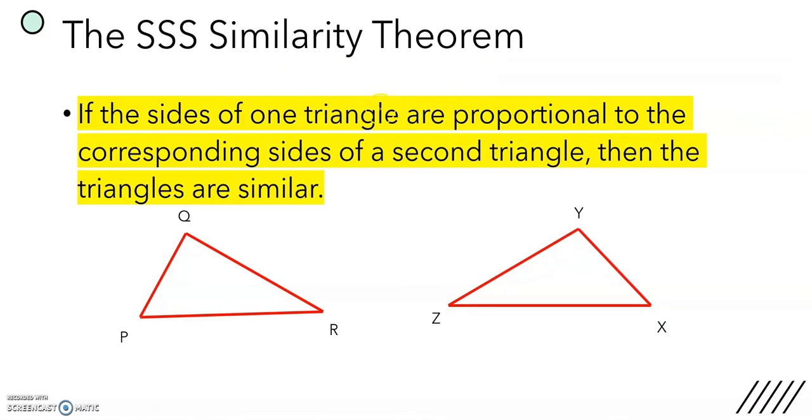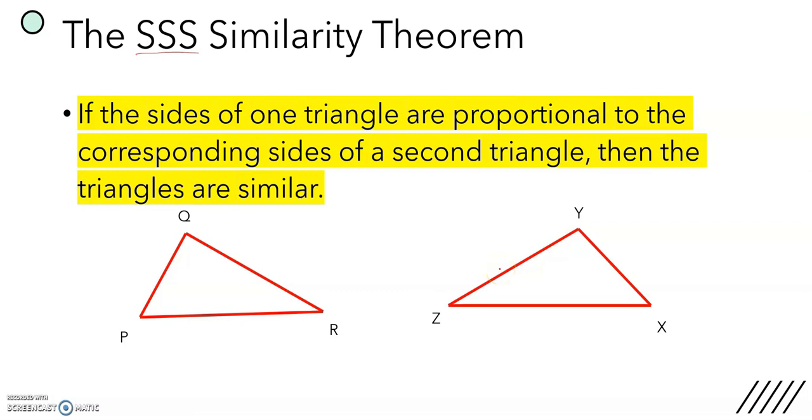With the SSS Similarity Theorem, that means all sides are proportional to the corresponding sides of another triangle. So it's just like in the conditions for similar triangles that the corresponding sides must be proportional.